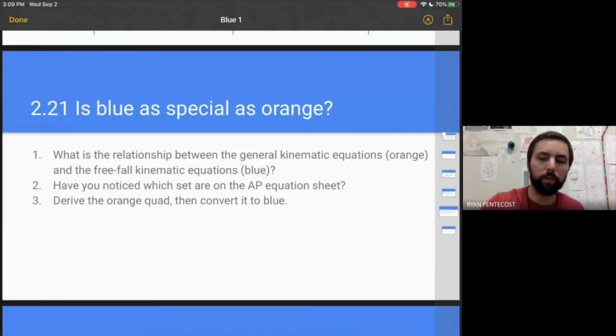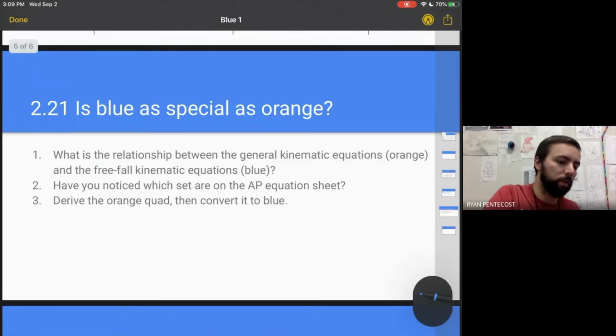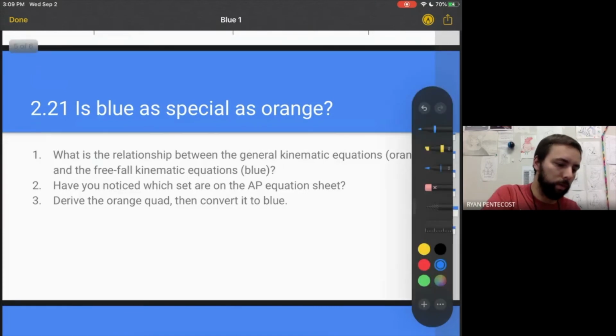So, what is the relationship between the general kinematic equations and the free fall kinematic equations? So, orange versus blue, right? So, the real differences here. Oh no, I lost my orange.